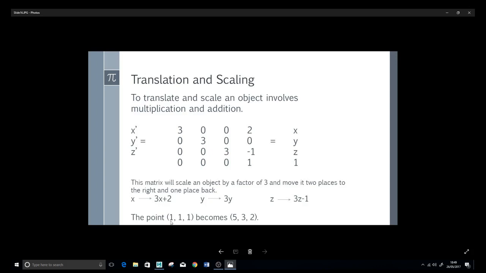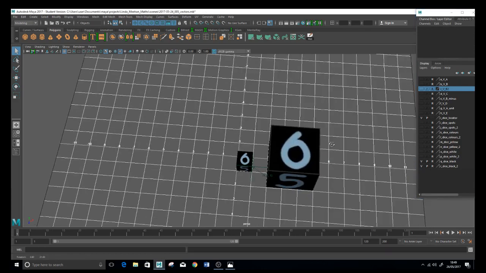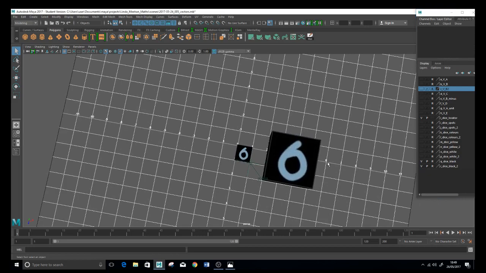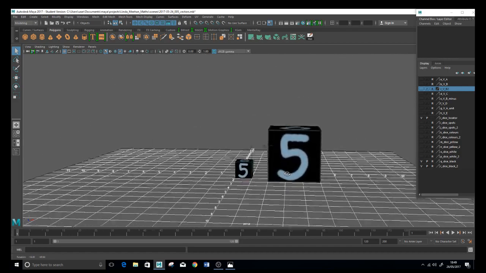So x at 1 is going to become 5. Our y, which starts out at 1, will multiply by 3, but nothing added on, so that becomes 3. And our z, which starts out at 1, we will multiply by 3, and we will take away 1, so that becomes 2. So when we run that matrix on it, sure enough, our point will be 5 in the x-axis. We can see here it's 5, it's 2 in the z, and it is 3 in the y-axis.